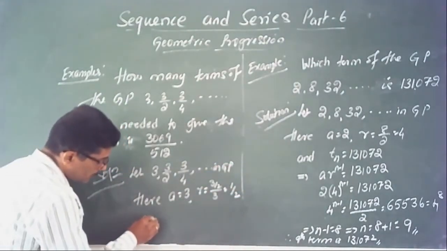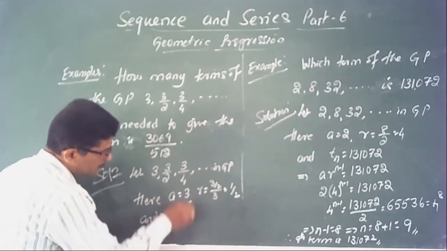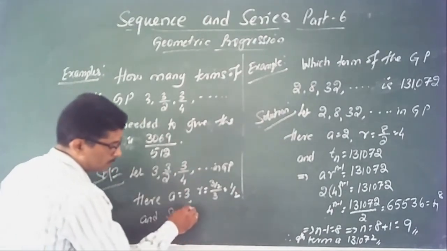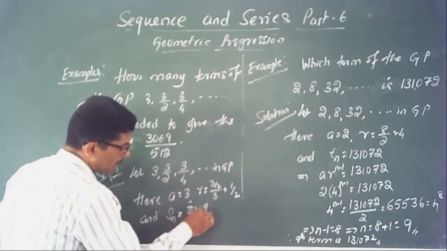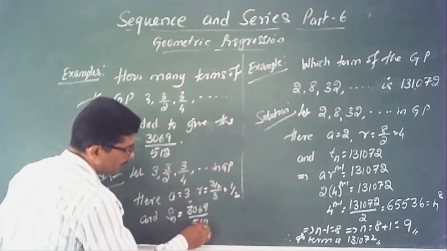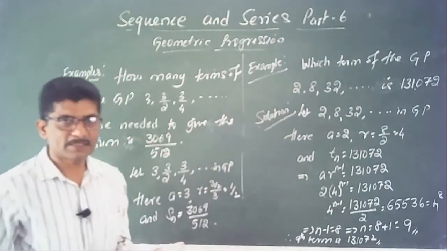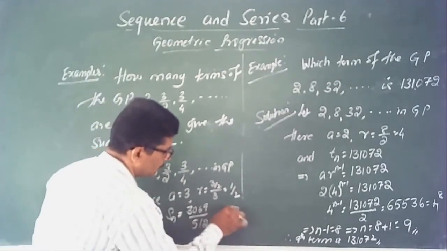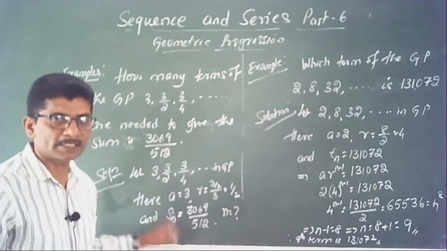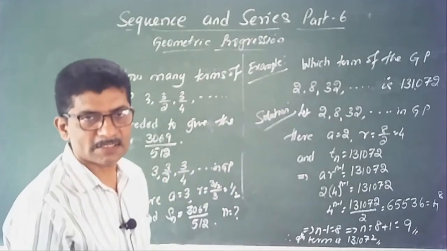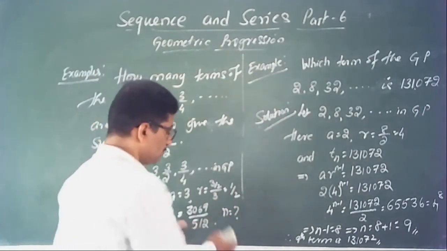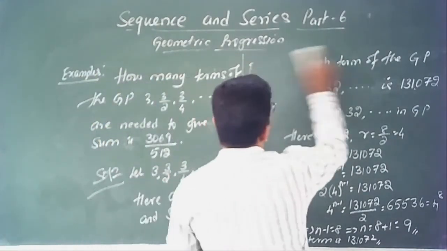Also given that the sum of the first n terms is 3069 divided by 512. Then find the value of n, that is, how many terms to add to get this.